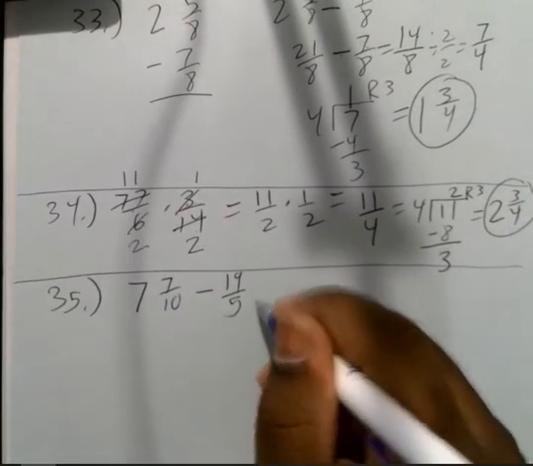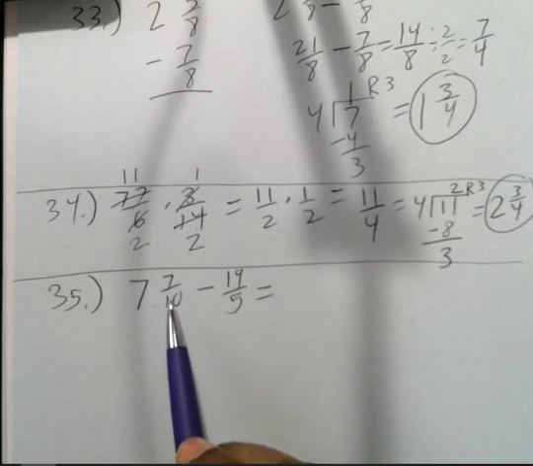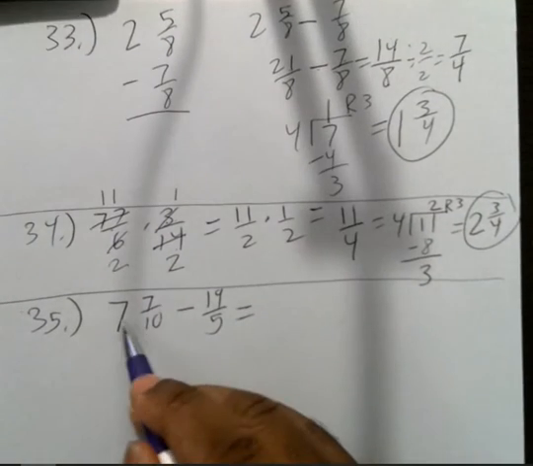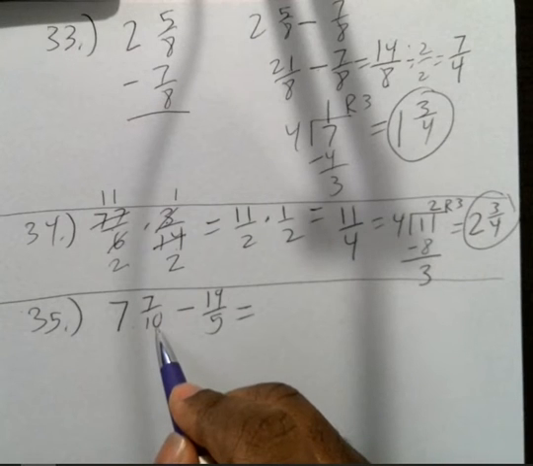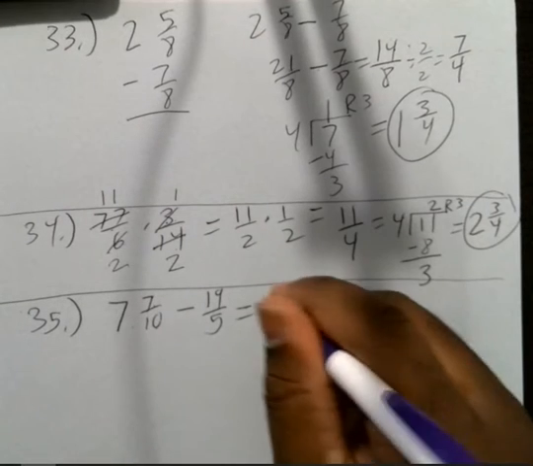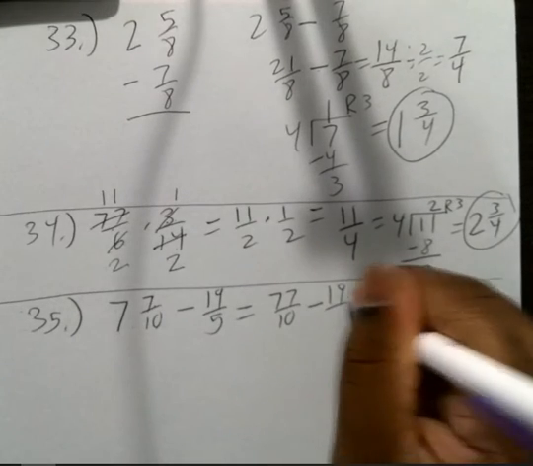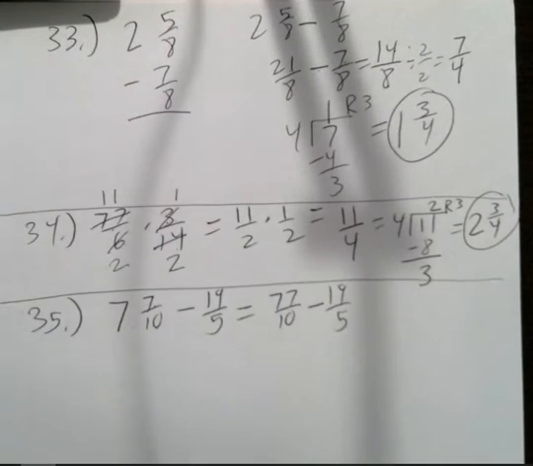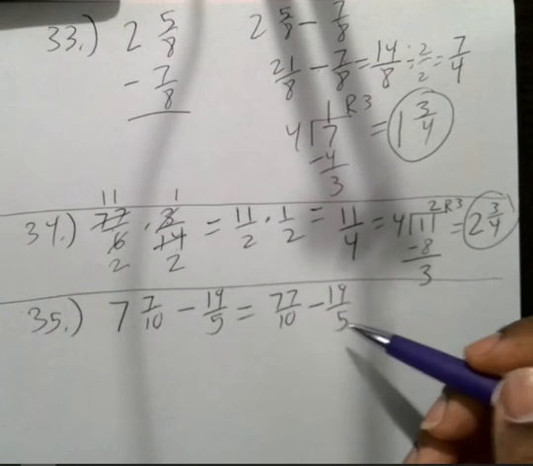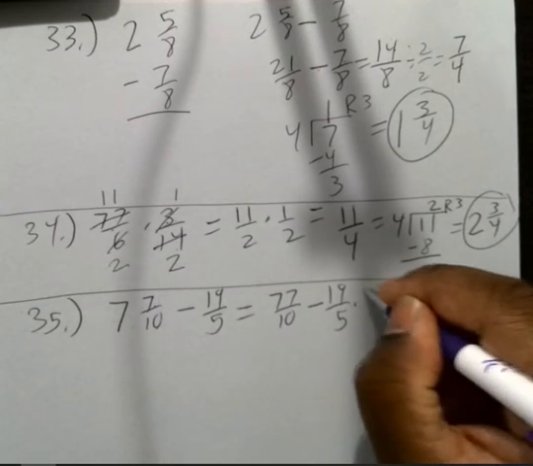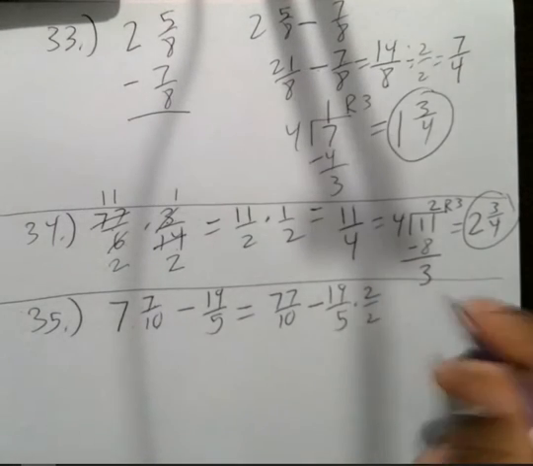Now again, you changed this mixed number into an improper fraction. So you said 7 times 10 is 70, plus 7 is 77 over 10, and then minus 19 over 5. Now, what you would need to do here is find the common denominator. Common denominator is 10. So you'll multiply this numerator and denominator by 2.